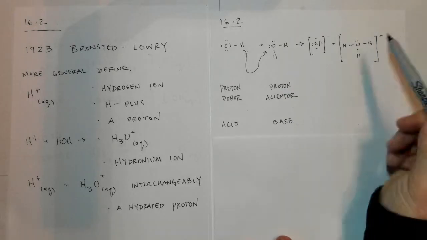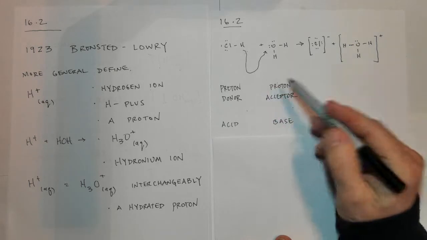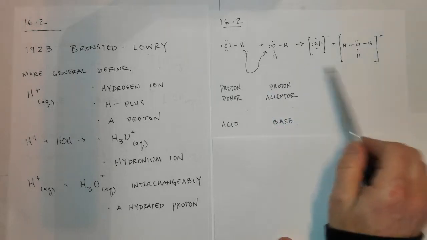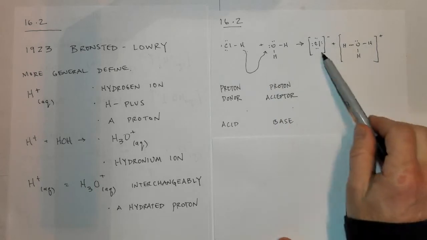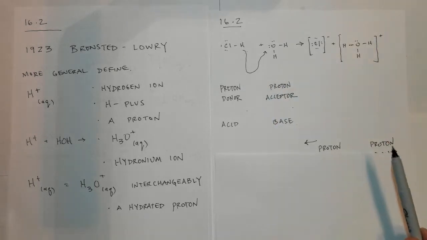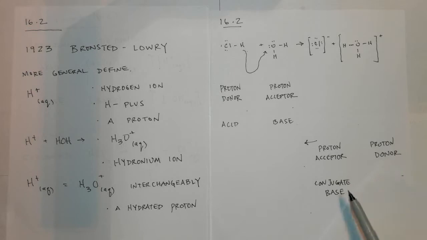Now we could also look at this equation backwards, from right to left, and when we do this, we could also define an acid and a base. If you look at it backwards, you see that chloride is the thing that gains a proton. So we call that the proton acceptor, or the base, but we give it a fancy name because it's backwards, and we call it a conjugate base.